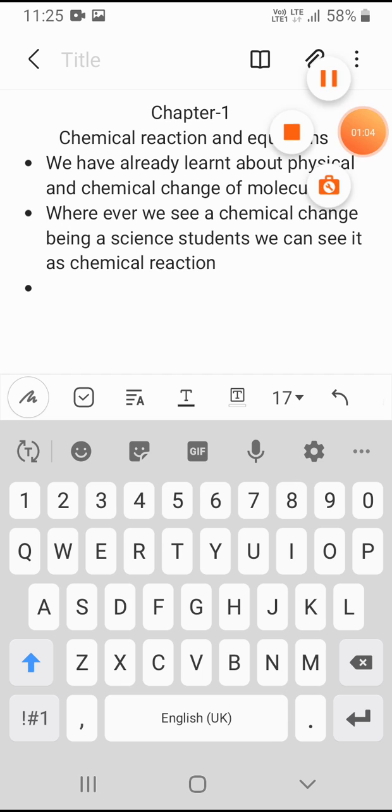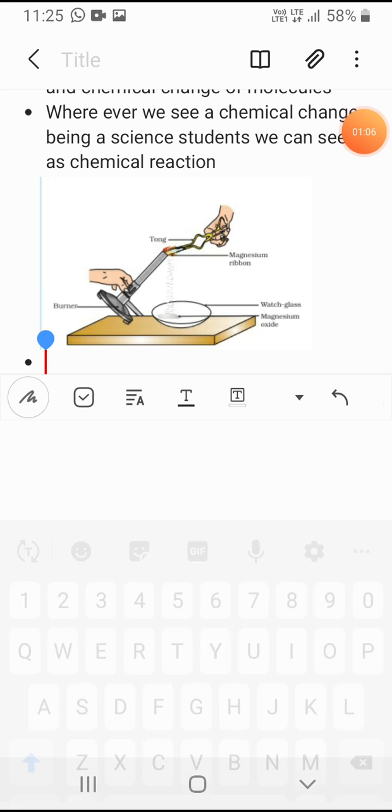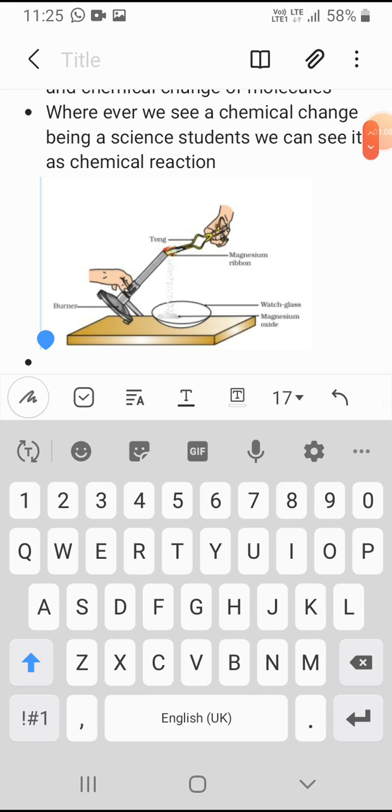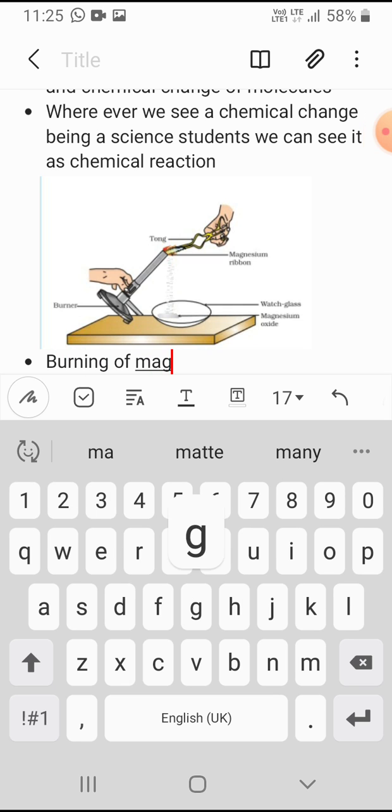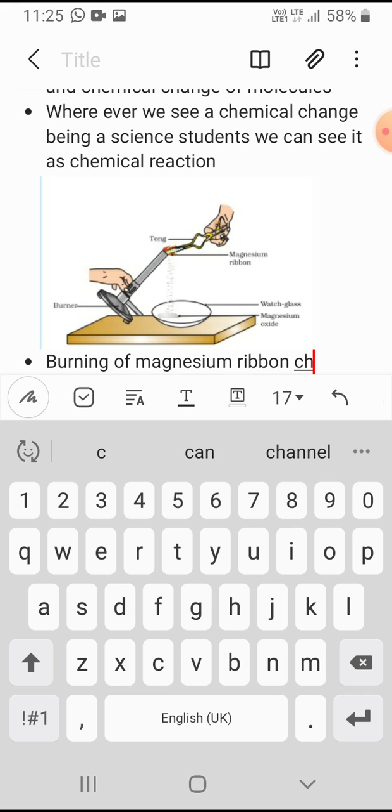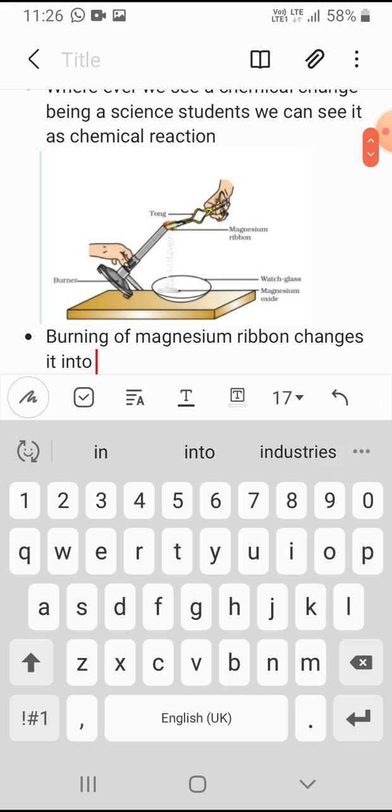You can see the burning of a magnesium ribbon. After burning, the magnesium ribbon changes into a white powder.